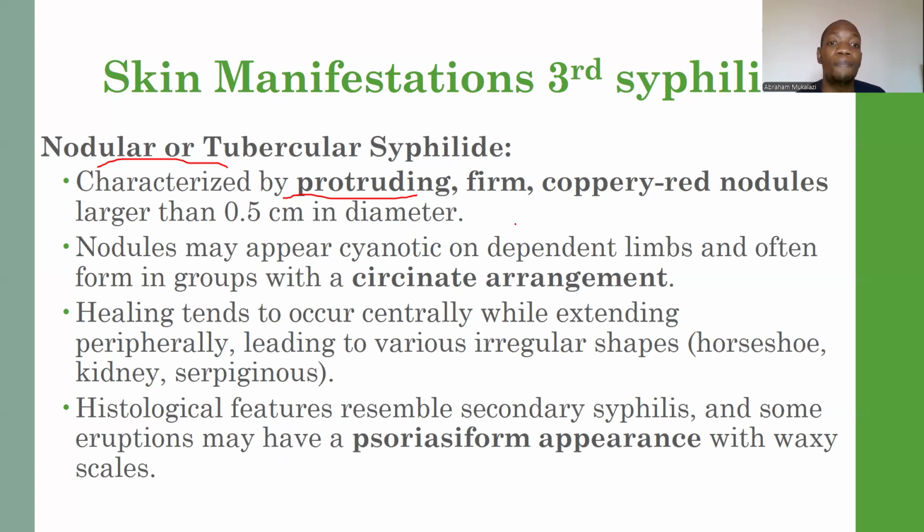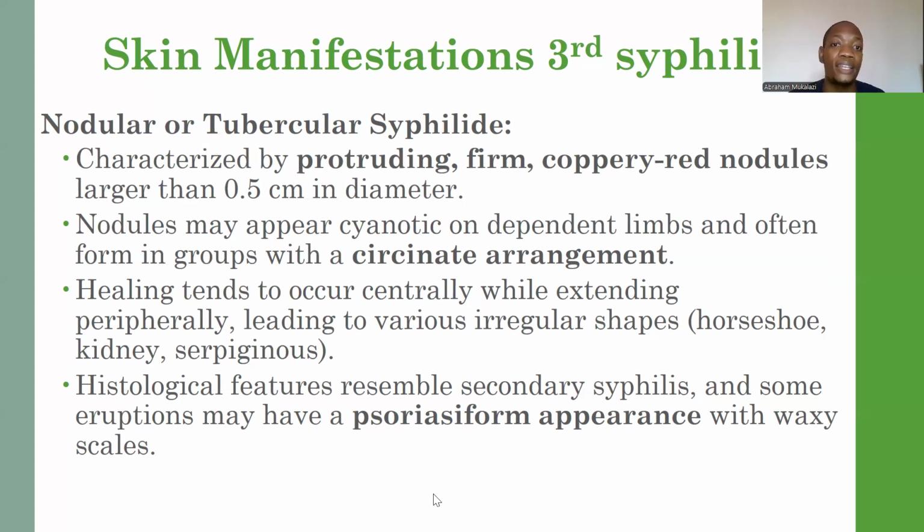And these nodules can appear cyanotic on dependent limbs, and oftentimes they can also coalesce into groups with a serpiginous arrangement. They can also heal, but when they heal, they form scars with irregular borders. So sometimes when you do histology, they can resemble secondary syphilis.